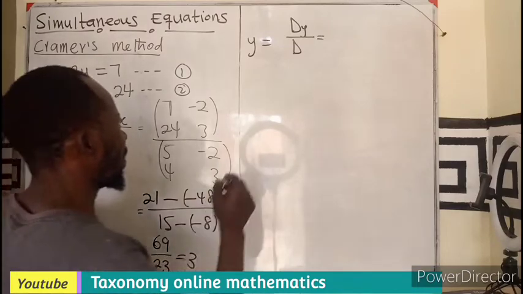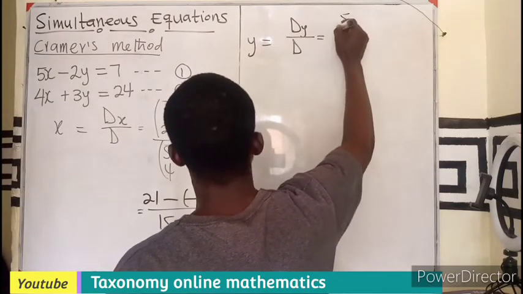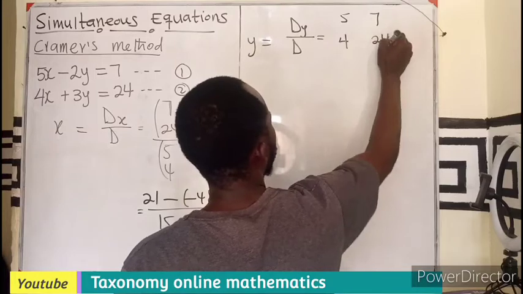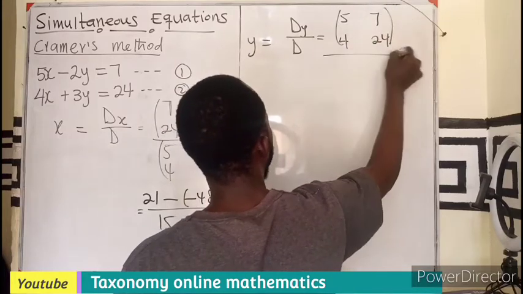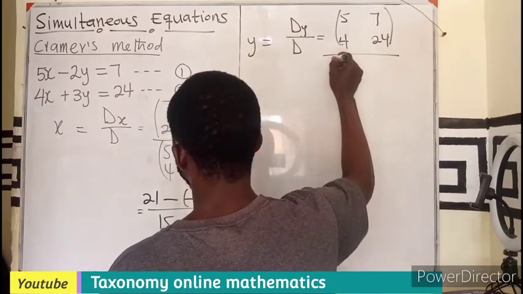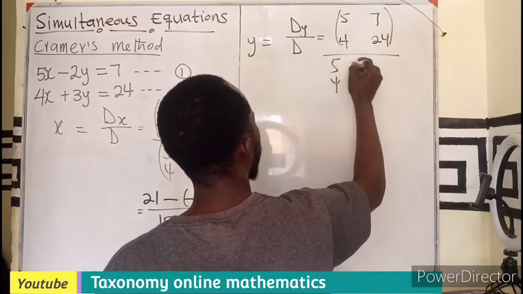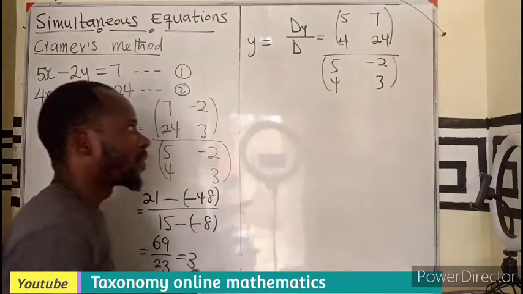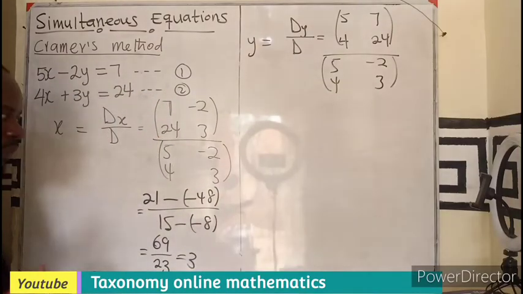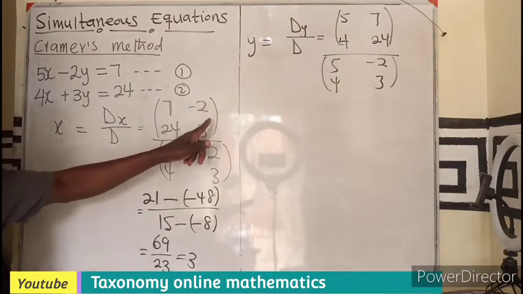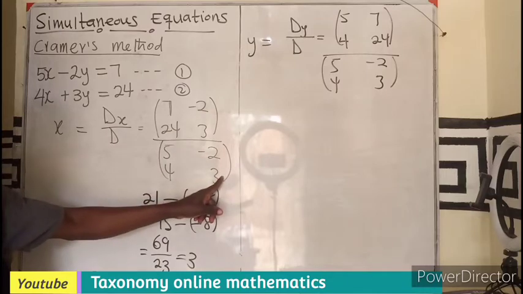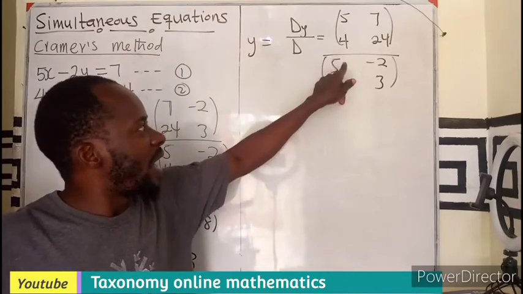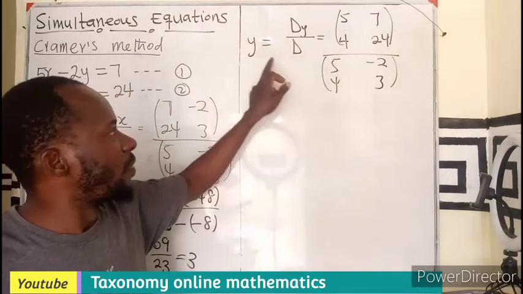So in that case, I'll be having 5, 4, 7, 24 over the actual, which will be 5, 4, minus 2, and 3. Now, if you check carefully, you will see that negative 2, 3 is in line when I come to this place. 5, 4 is also in line when I'm looking for y.